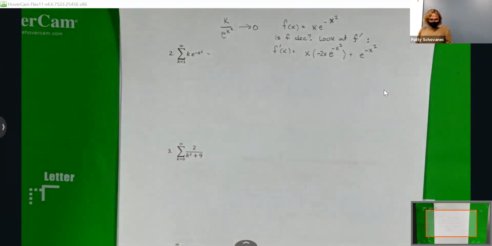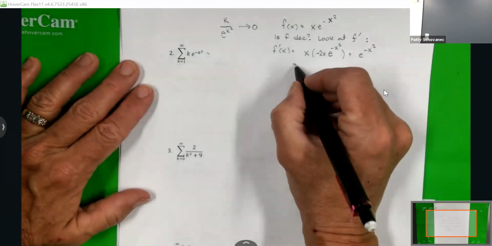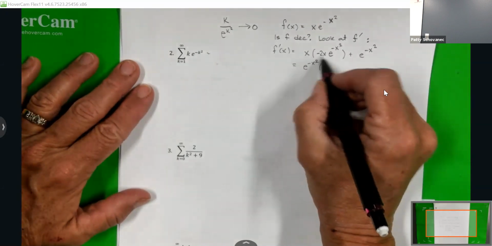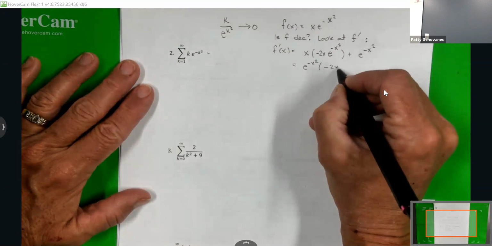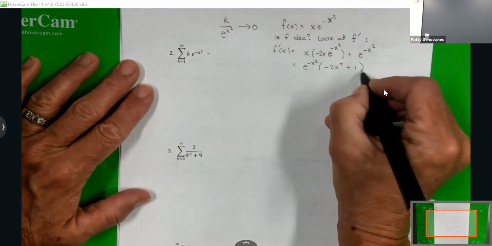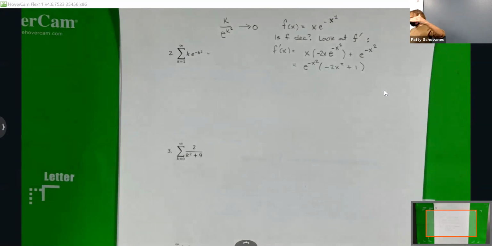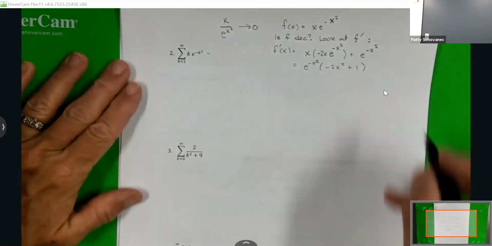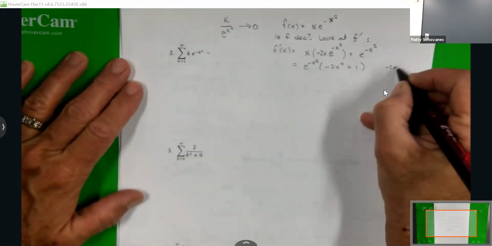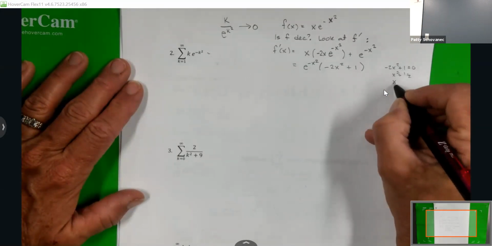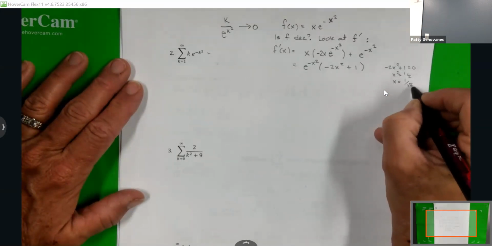I'm going to factor the e to the negative x squared out, and then I'm going to have a negative 2x squared plus 1. E to the negative x squared is never 0, but negative 2x squared plus 1 is 0 when x squared is a half, or x is the square root of a half.